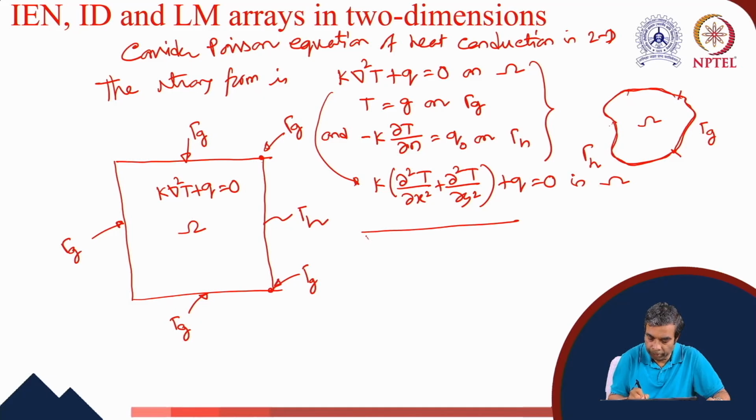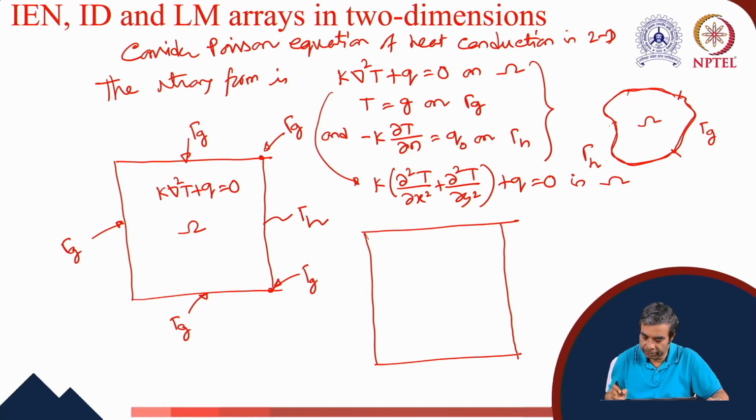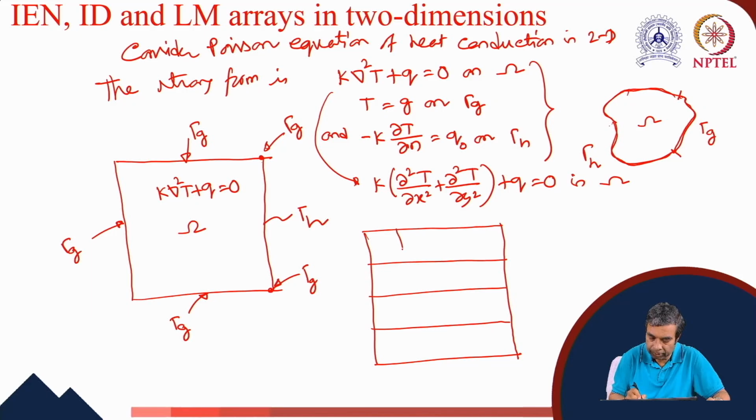When we discretize the domain, we use bilinear quadrilateral elements to make the mesh. So let us construct a Cartesian structured mesh to discretize the domain.